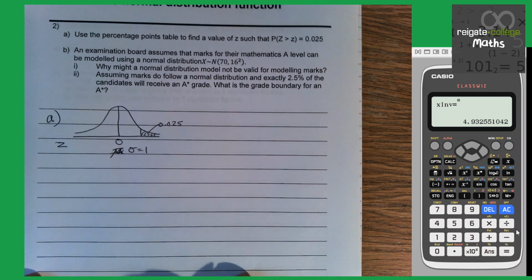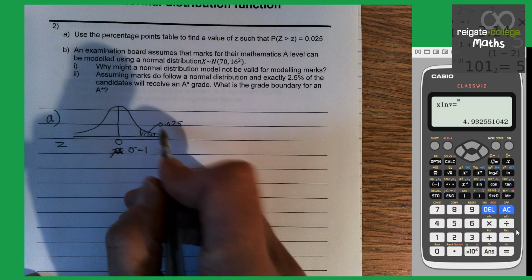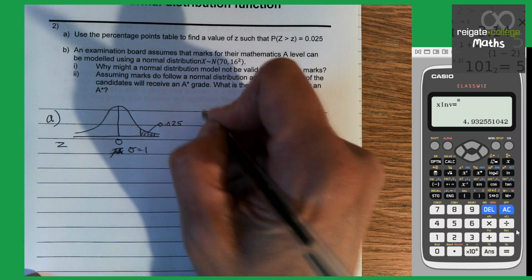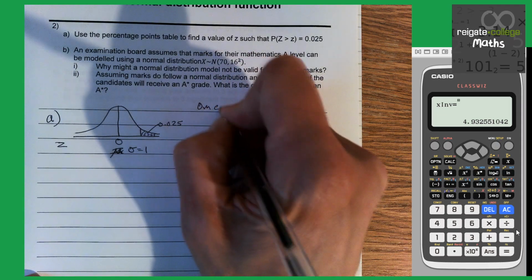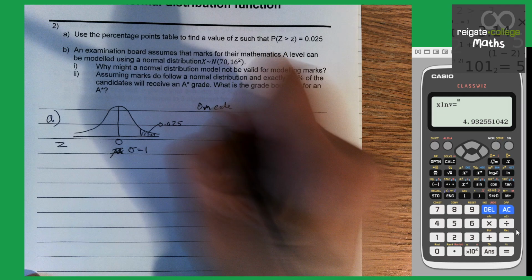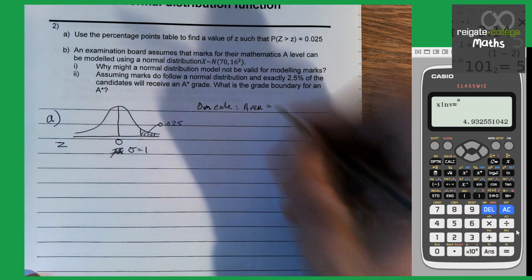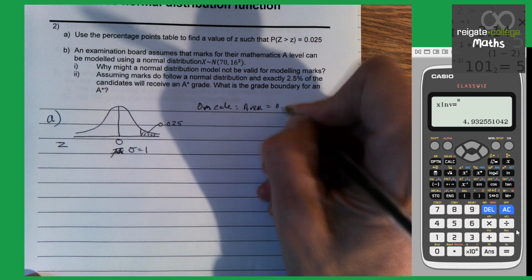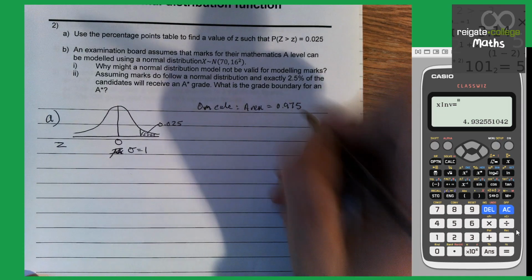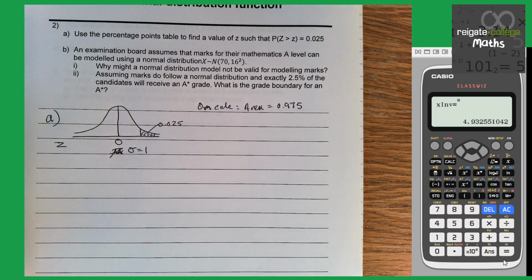So we're going to look up an area of 1 minus that on calc, area equals 0.975. Let's just go and look at that.